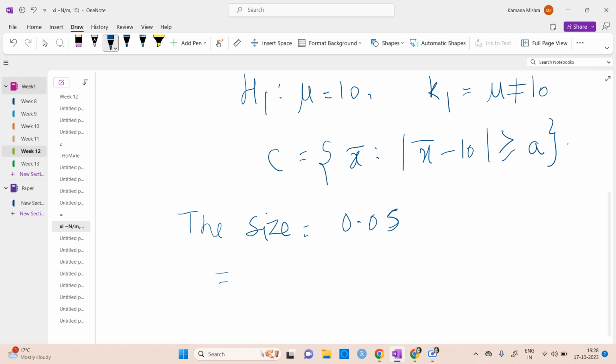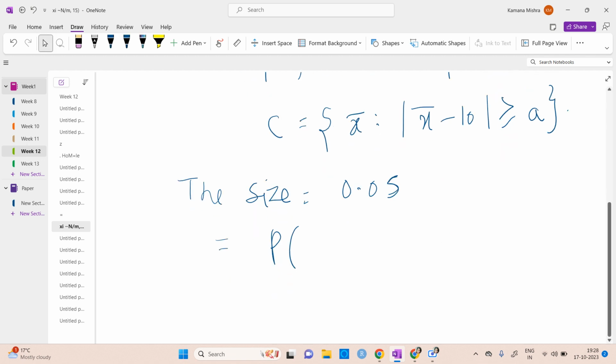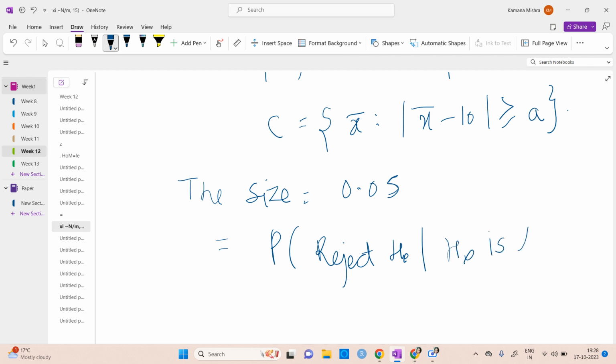So the size or the alpha, whatsoever it is, if you have attended the last class, I have told you this is alpha. So alpha is the type 1 error, or size. What is it? Reject the null hypothesis when the null hypothesis is true.